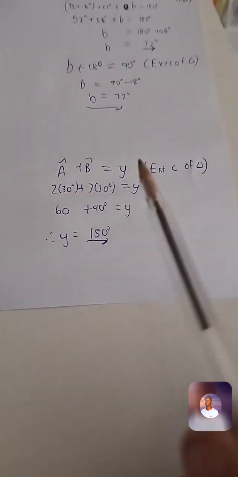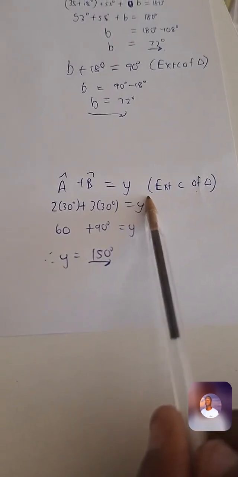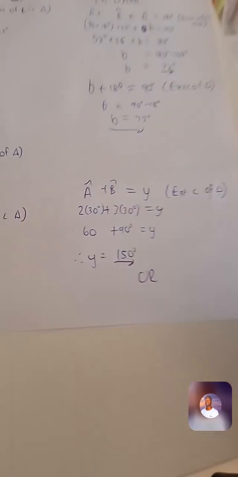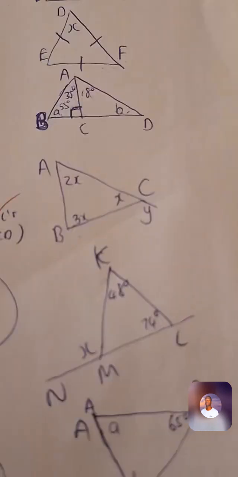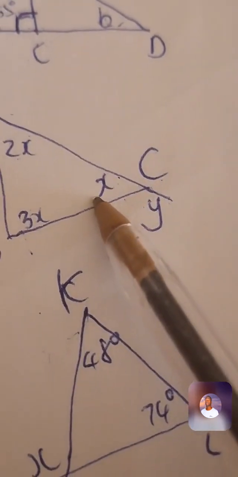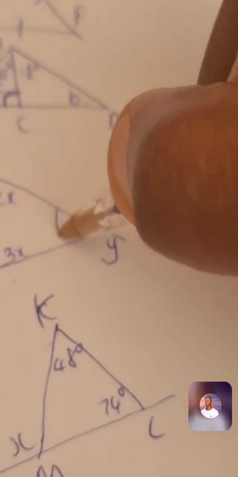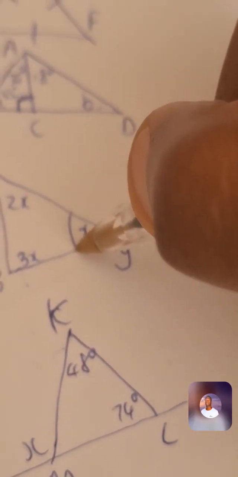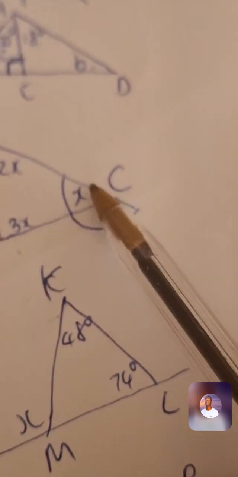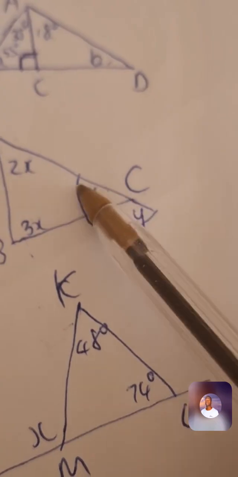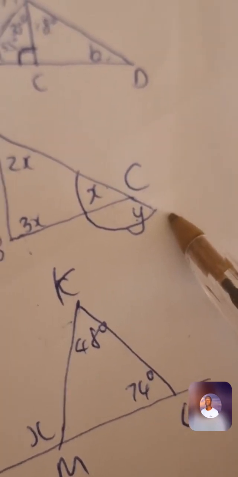Yes, even a straight line will work, sir. Exactly, very true. That's another way we could look at it. We could use angles on a straight line. Because what can we see here? X is 30, then 180 minus 30 gives us 150. Those angles are next to each other and they are lying on a straight line.